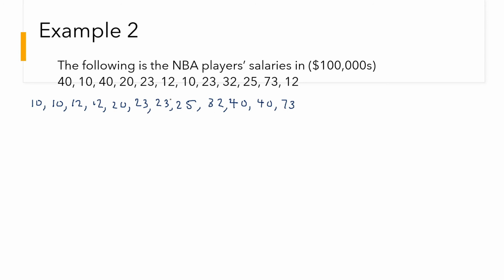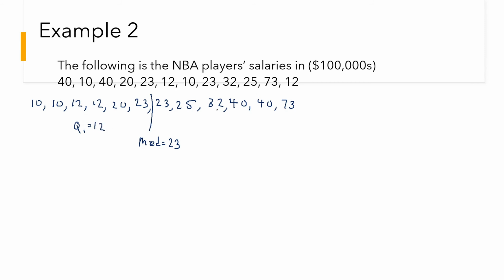We can see the middle number in this case will be in between 23 and 23, so our median will be 23. Once again, anything below it will be your lower half. The middle of the lower half is between 12 and 12, so Q1 has to be 12.